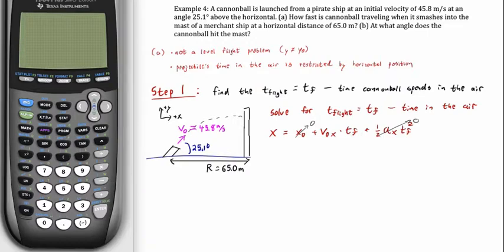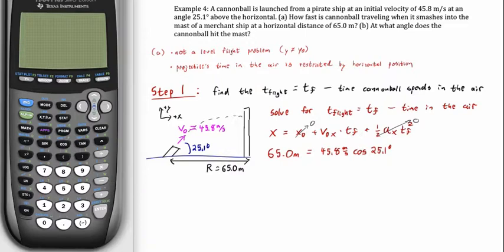So then we can see that our equation simplifies to simply 65 meters, because that's our given total horizontal distance, equals the initial horizontal component of the launch velocity. So that would be 45.8 meters per second times cosine of 25.1 degrees.